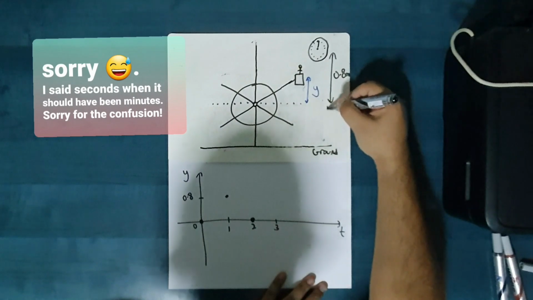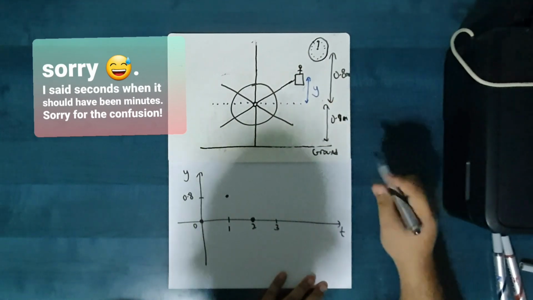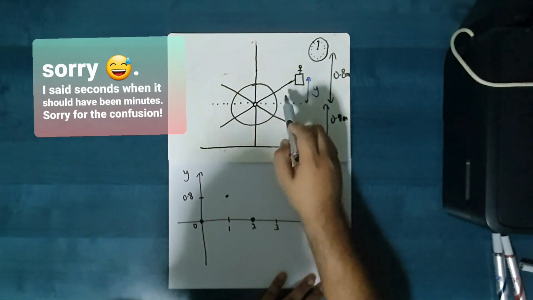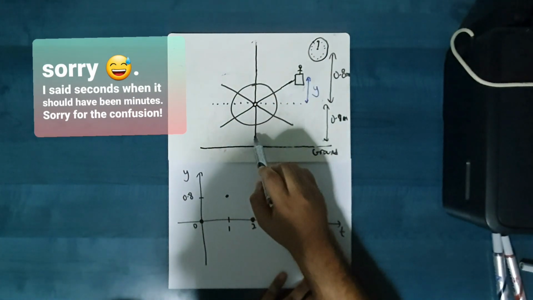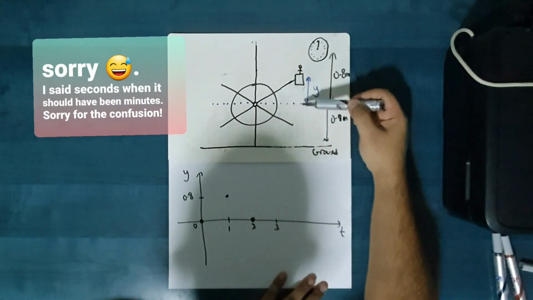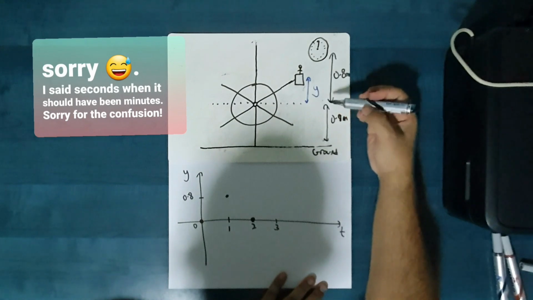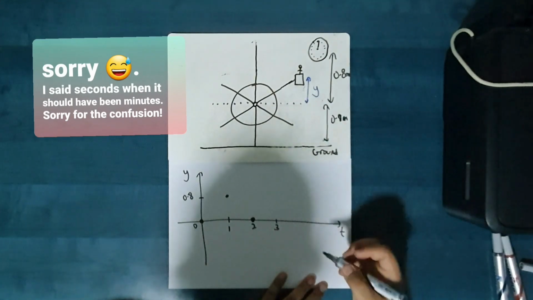And let's say the lowest height he can reach is also 0.8 meter. So 3 seconds from the beginning, he reaches here. And we define y below the blue line to be negative. So at 3 seconds, his y is negative 0.8.